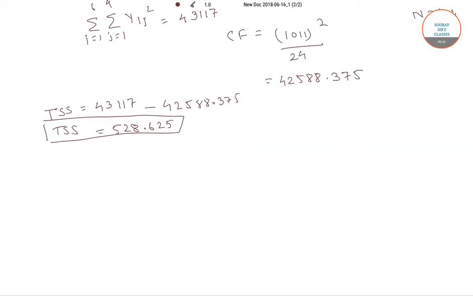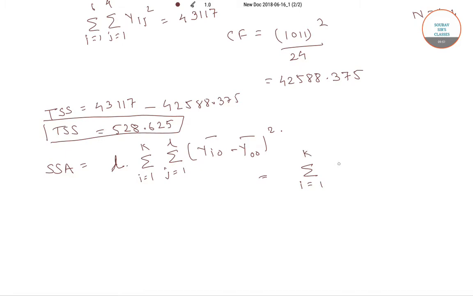Our SSA is equal to L, which is in this case 4, into the summation of (Yi naught bar minus Y double naught bar) square, which would be equal to the summation, i runs from 1 to k, of Yi naught square divided by L minus G square by N, where this Yi naught is equal to L into Yi naught bar.